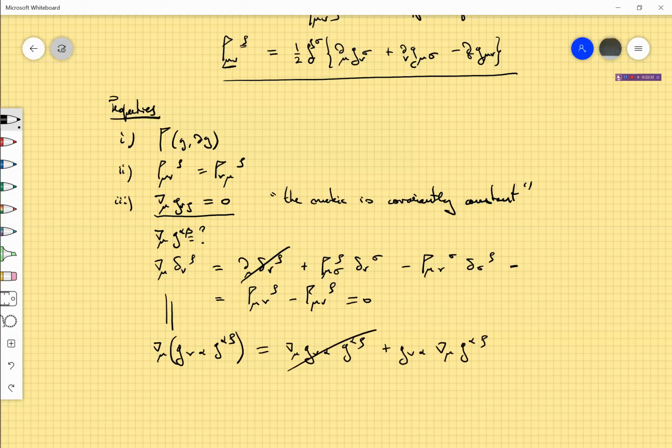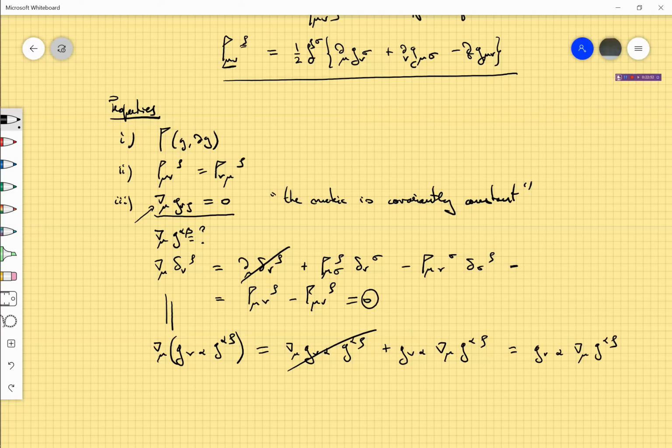The derivative of the first is 0 by definition, this property here. So this is just nabla mu G alpha rho. Now this is 0, we just calculated it.